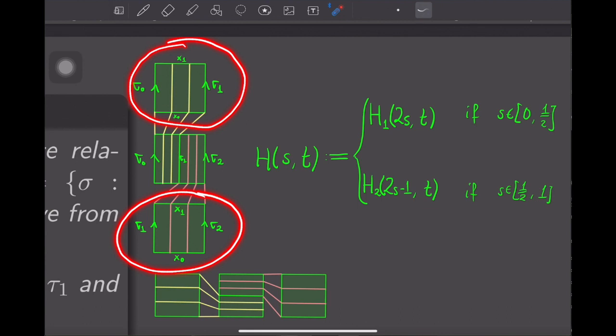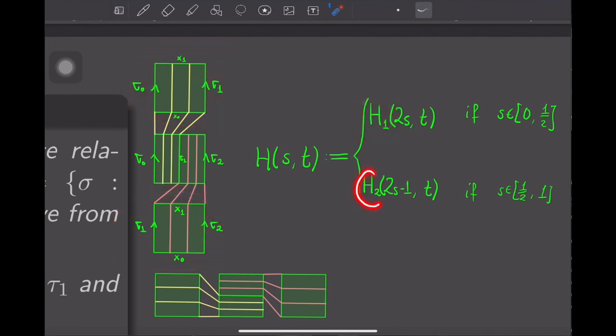So I assumed sigma naught homotopic relative to endpoints to sigma 1, so I assume H1 given, and I assume sigma 1 homotopic relative to endpoints to sigma 2. That is, I assume H2 given.